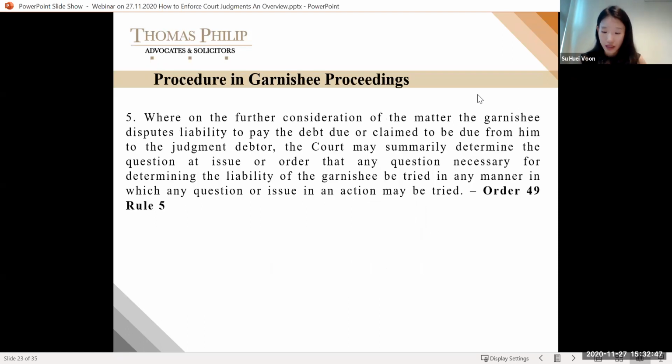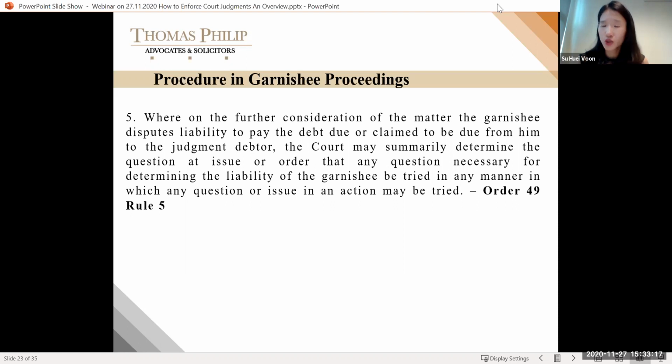And in the next slide, we will see that if the Garnishee is disputing liability on grounds which we'll explain later, to pay the debt due or claim to be due from him to the judgment debtor, the court can either summarily determine the question at issue or order that any question necessary for determining the Garnishee's liability be tried in any manner in which any question or issue may be tried.